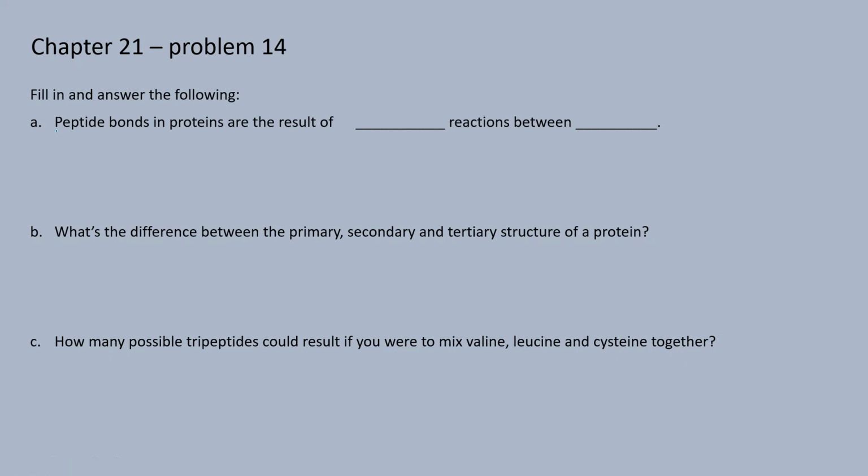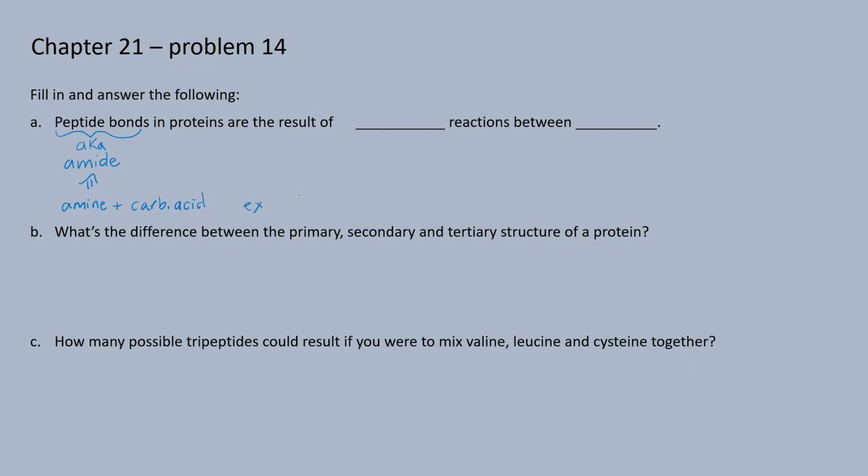So peptide bonds are also known as amides. And an amide is when you take an amine and a carboxylic acid.